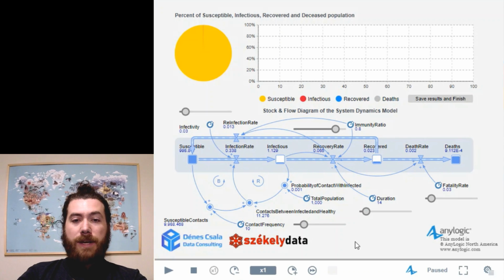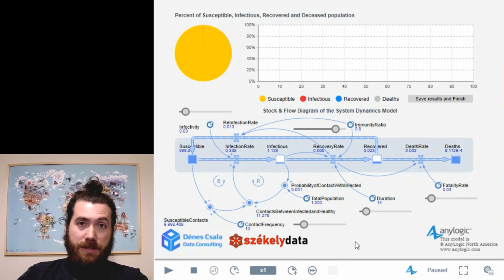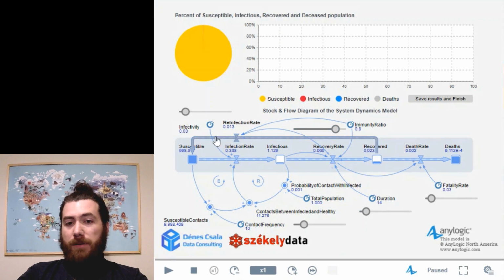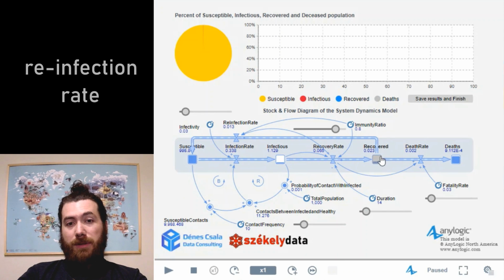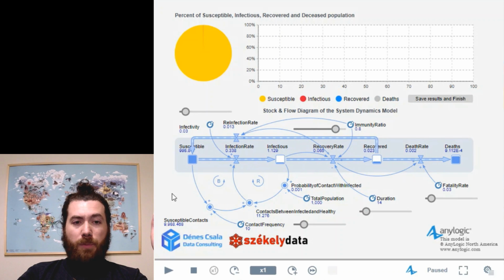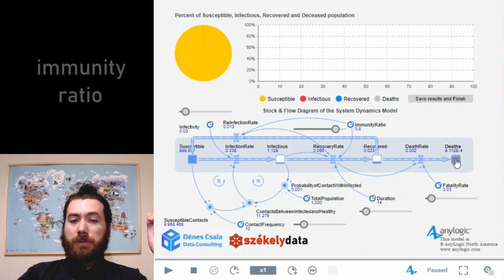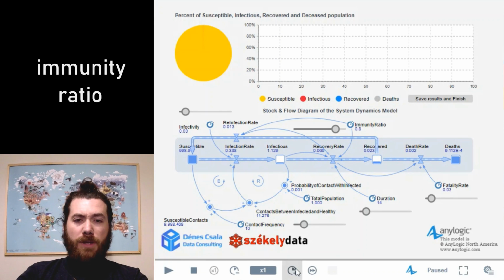So you see, what we did here is that now when you recover, there's actually a chance that you're going to flow back into the susceptible stock. Of course, a portion of you will still pass away, but another portion will flow back into the susceptible stock. Let's just call this sort of a reinfection rate, and then of course there's some kind of an immunity ratio involved with that.